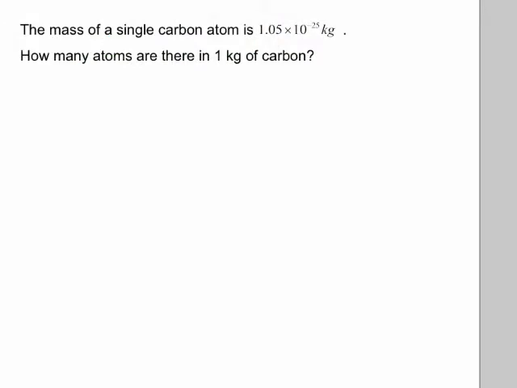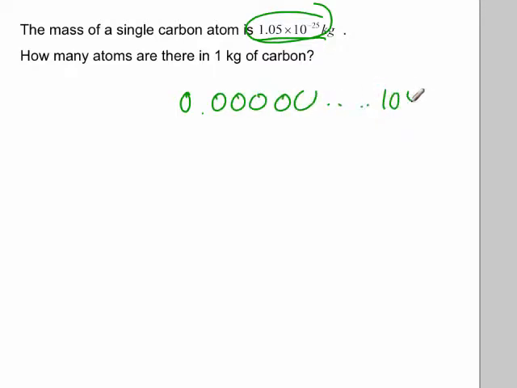Just to end off, here's a problem involving scientific notation. The mass of a single carbon atom is very, very small, 1.05 times 10 to the negative 25. So just remember, this number is 0. followed by 24 zeros, and then the 105.